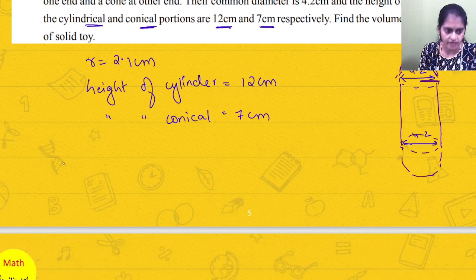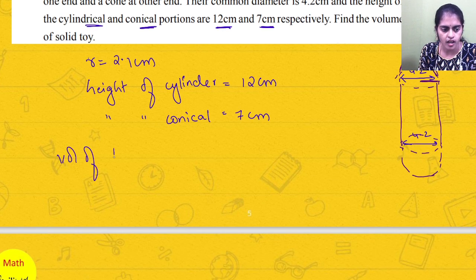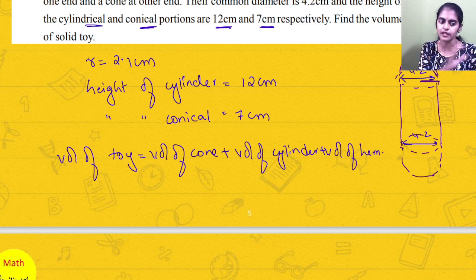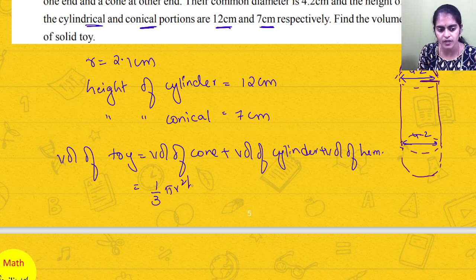Now here it is very easy. Volume of toy. How many shapes do you have here? You have a cone, so volume of cone, plus a cylinder, so volume of cylinder, plus a hemisphere, so volume of hemisphere. Once you draw the figure, you will have to take all of this. Volume of cone is 1 by 3 pi r square h.